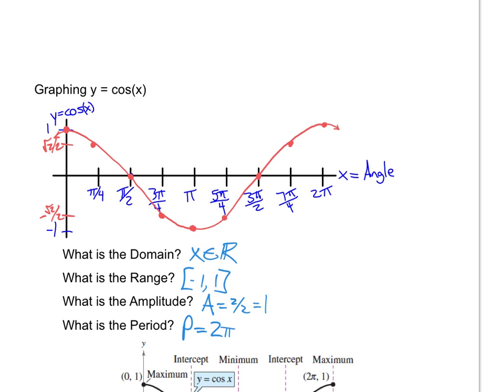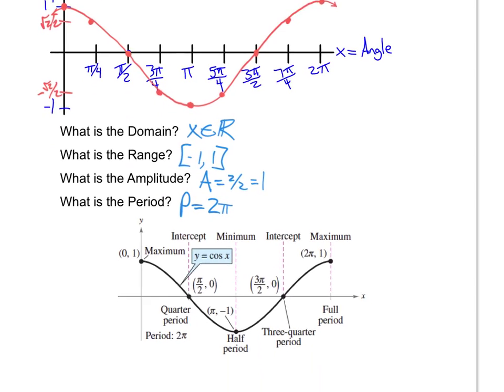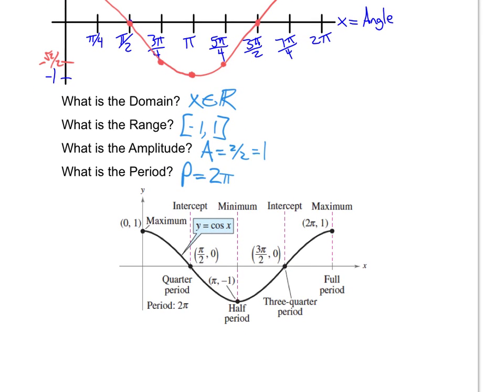Now let's make the same connection we did with sine here. Where is cosine positive? In the first quadrant and in the fourth quadrant. You can see that right here. Cosine is positive here in the first quadrant and in the fourth quadrant.